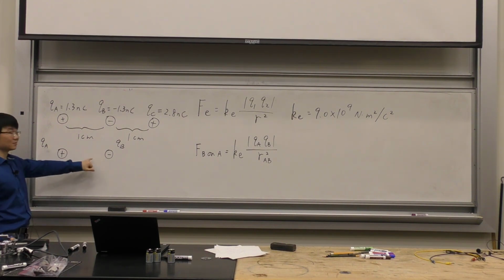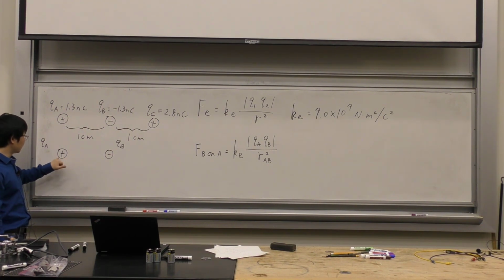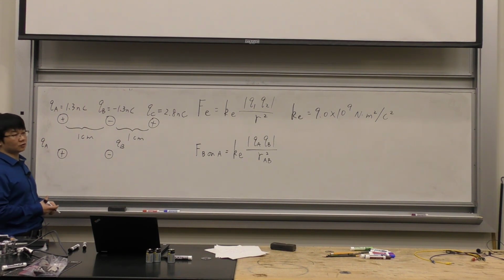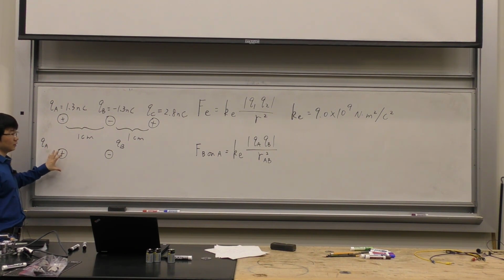You take a look at the signs, like we just said. If they carry the same type of charge, the force is repulsive. If they carry opposite charges, the force is attractive. That helps you figure out how to draw that arrow. So that's the force between A and B: magnitude, direction, you draw an arrow.